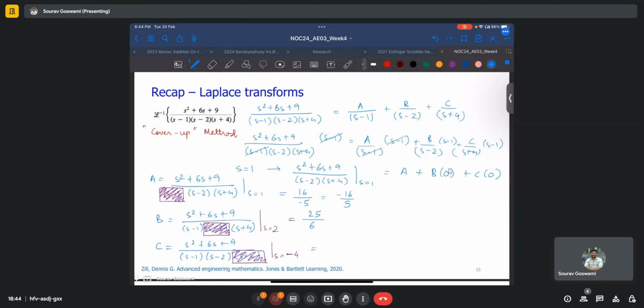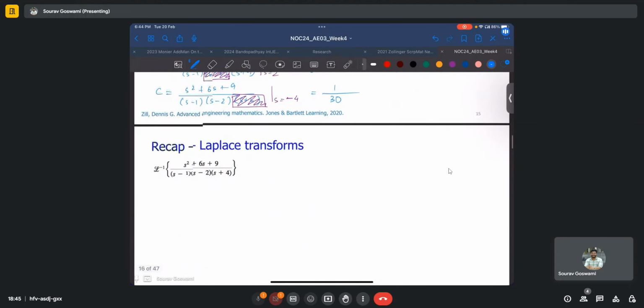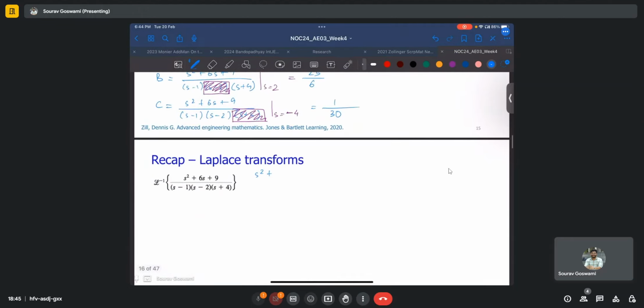So 16 plus 9 is 25, minus 24 is 1, by minus 5 times minus 6, so 30. And here we have found our three coefficients. I have little space, might as well conserve it.